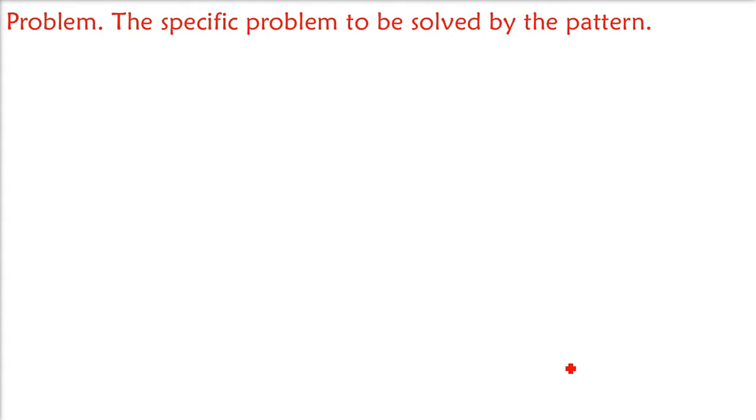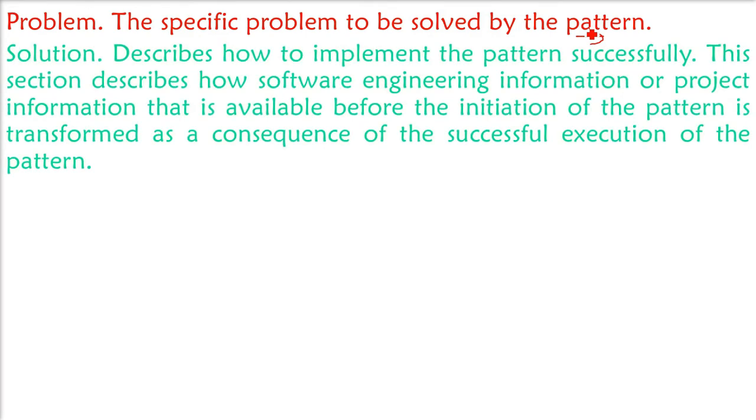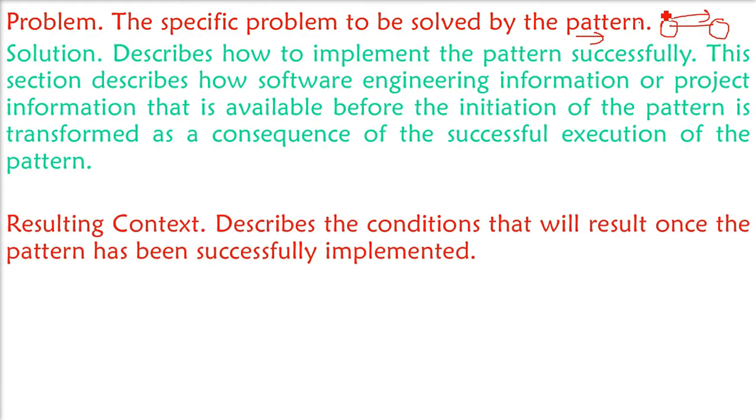Then what is the problem? Because you are trying to solve a certain thing by the pattern, the specific problem which this pattern is going to solve. And what is the solution? How are you actually going to implement and execute this pattern, right? This describes how the software engineering information or project information that is available before you start this pattern will be transformed into the final result.